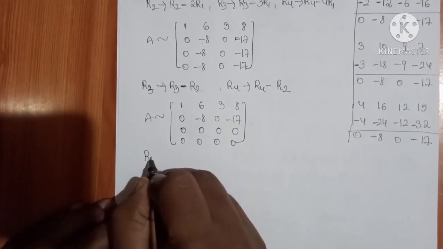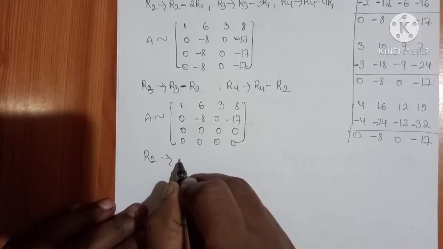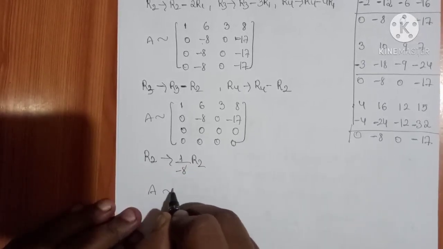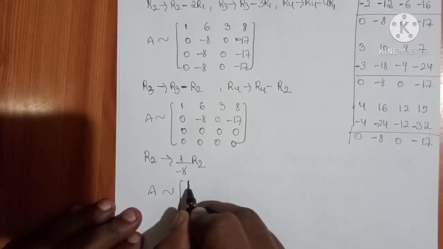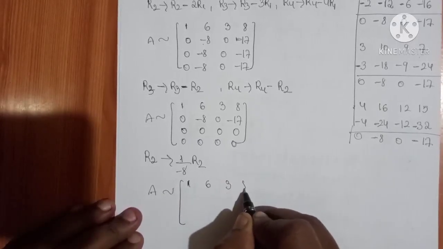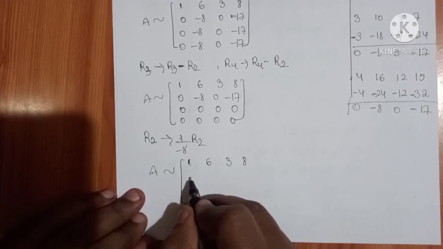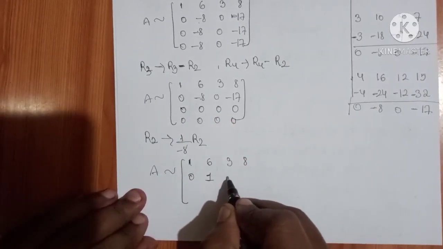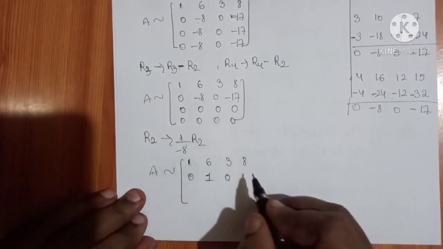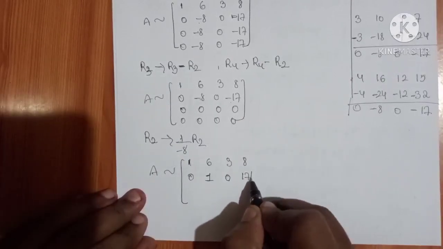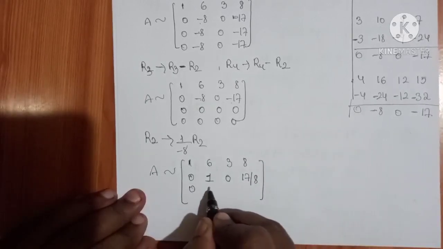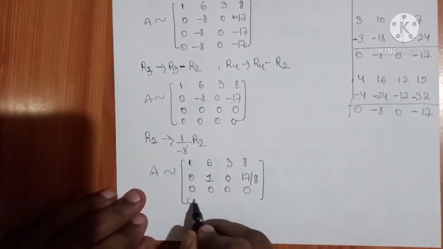Next R2 equals 1 divided by minus 8 into R2. A is equivalent to 1 6 3 8, 0 minus 8 by minus 8 equals 1, 0, minus minus 17 by 8, the 8 ... cancels, and then we get 17 by 8, and then 0 0 0 0 0 0 0 0.